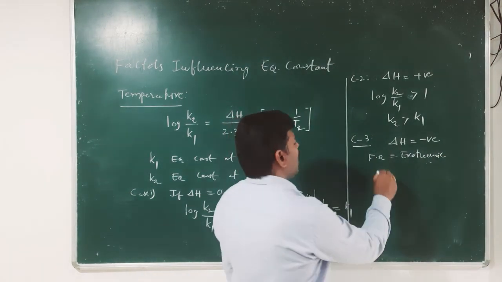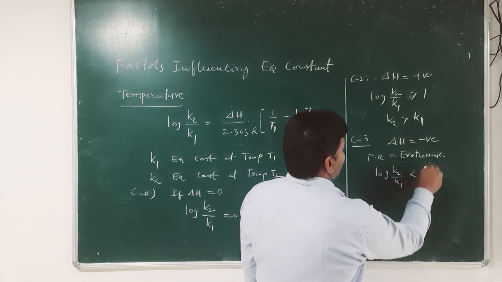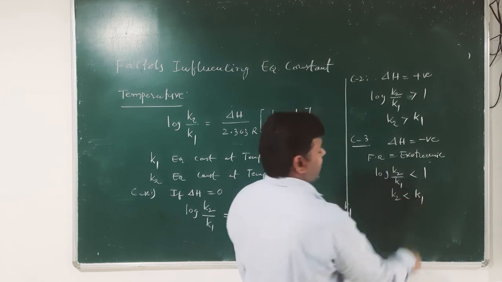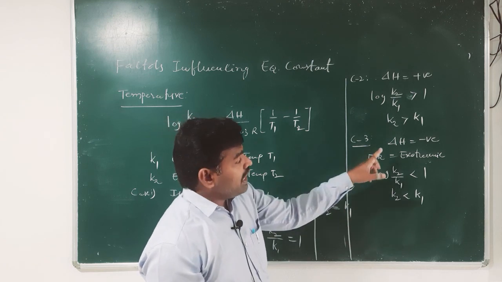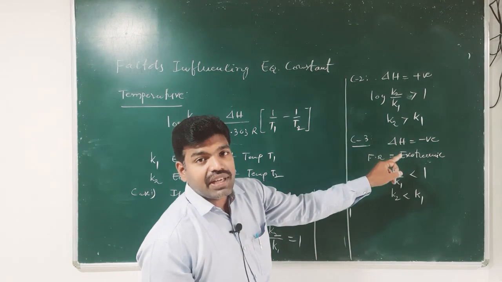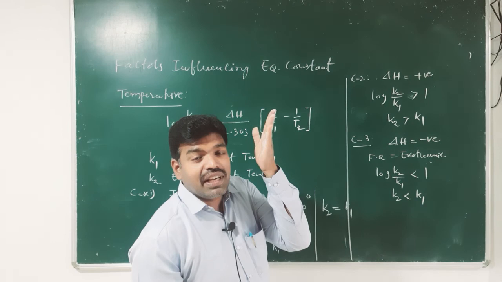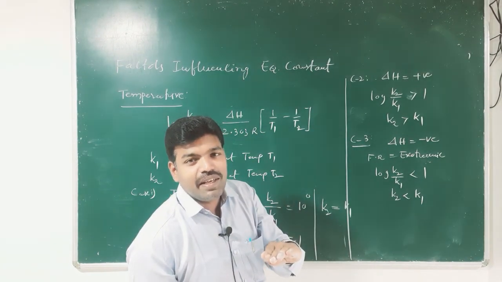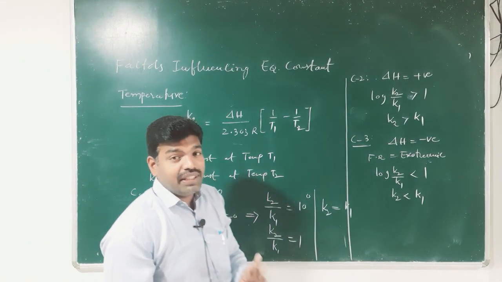That means log K2 by K1 is less than 0, that is, K2 is less than K1. Whenever delta H is negative, the forward reaction is exothermic, so with increasing temperature, the equilibrium constant decreases. Okay, so there are 3 points here.